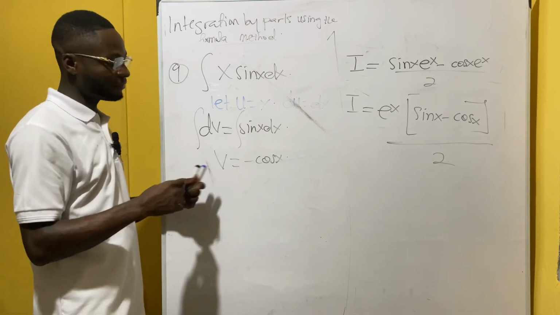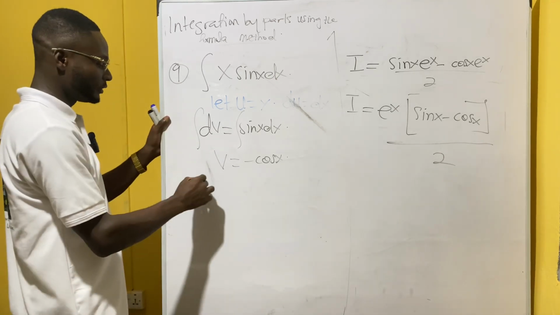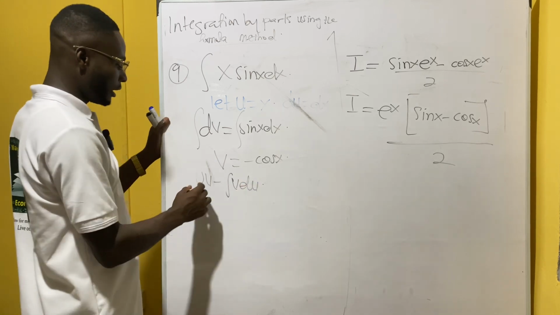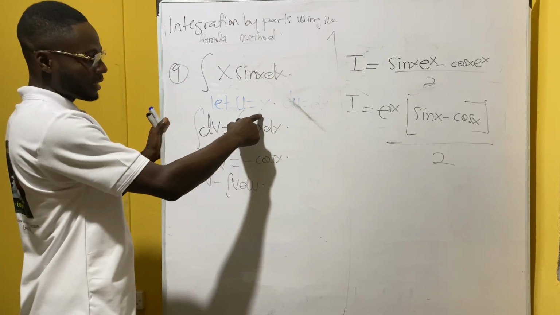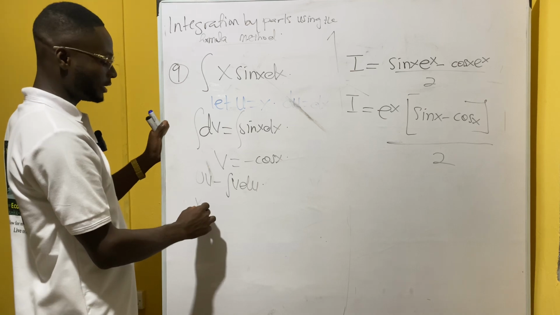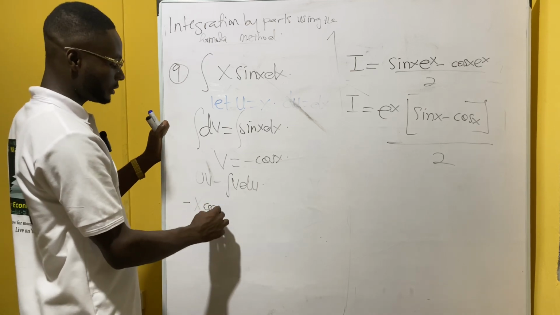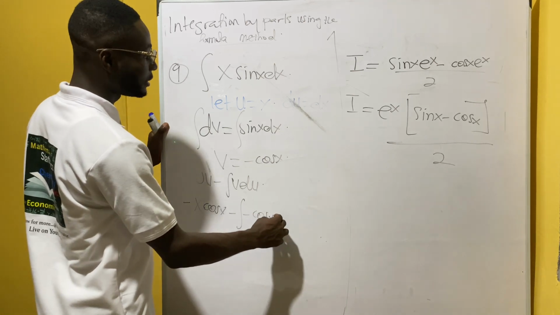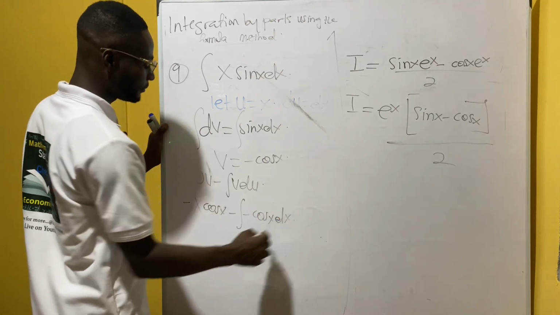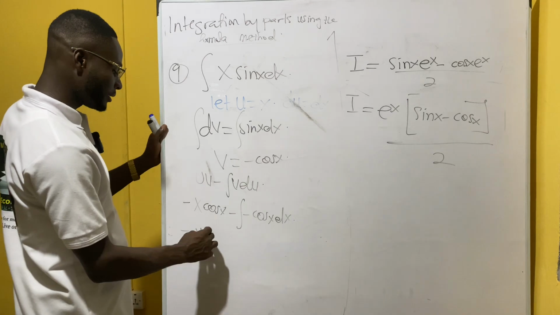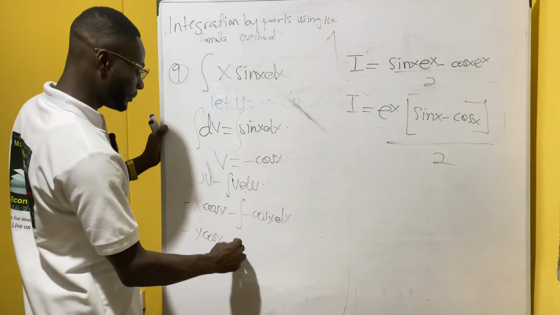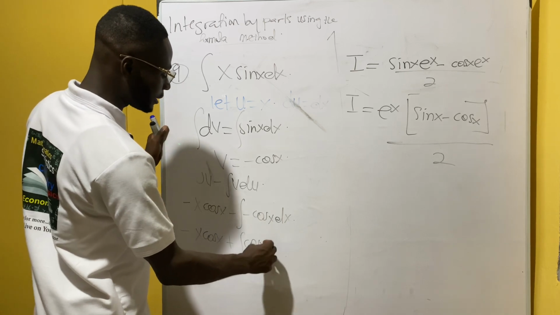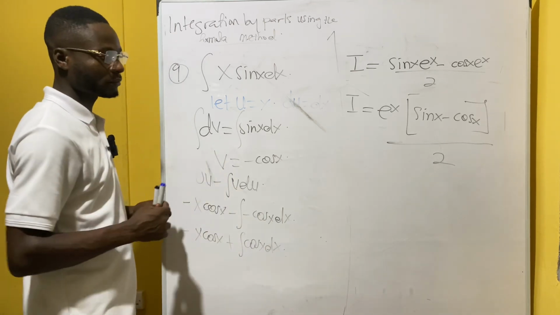So when we apply the formula, then we're going to have uv minus integral of v du. Now our u is x and our v is negative cos x, minus integral of negative cos x dx. So you have negative x cos x, this negative positive cos x dx, right?